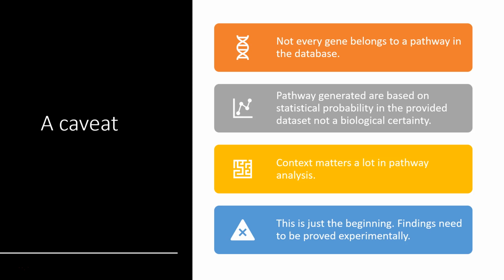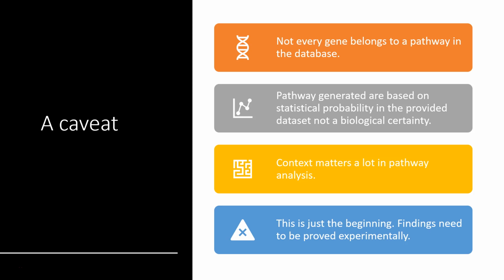You also have to realize that the pathways that are generated are based on statistical probability in the provided data set that you are giving it. They are not a biological certainty. So just because you find a particular gene or protein upregulated now doesn't mean it's always going to be upregulated in those conditions. It may be that when you change the cell line or change the model system, the data set changes and the results are different.